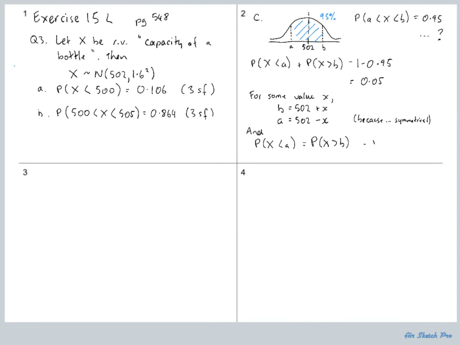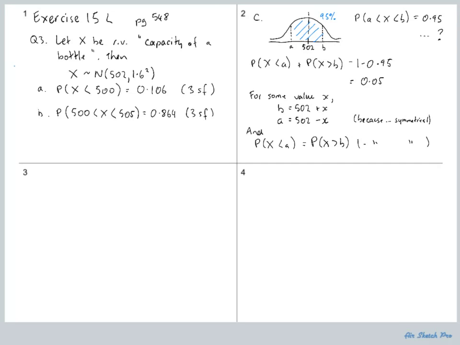Same reason, because they're symmetrical. Okay, good so far? So they're the same value. Okay, let's put it all together then. So we're going to use those facts and put them all together.